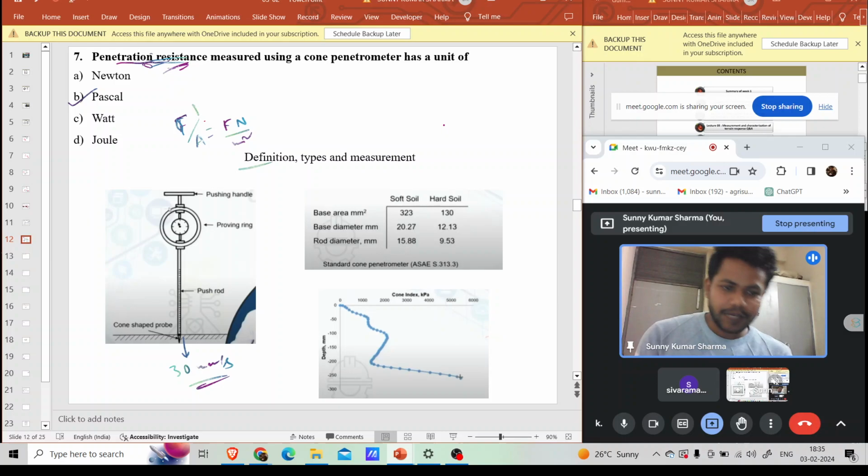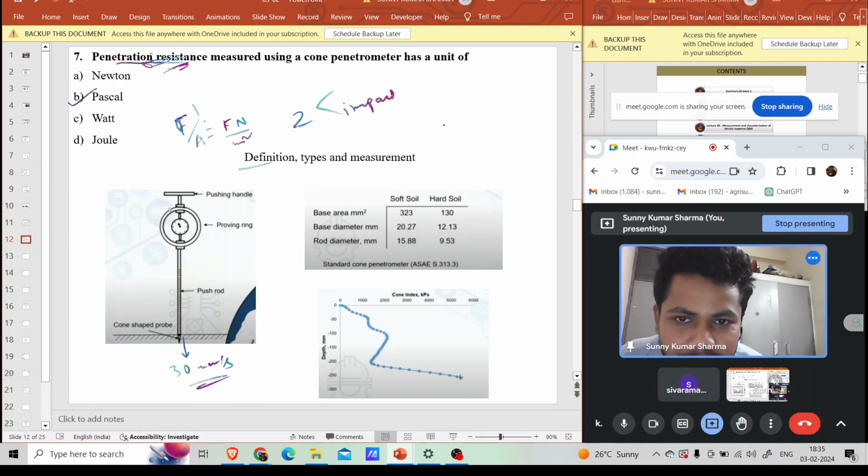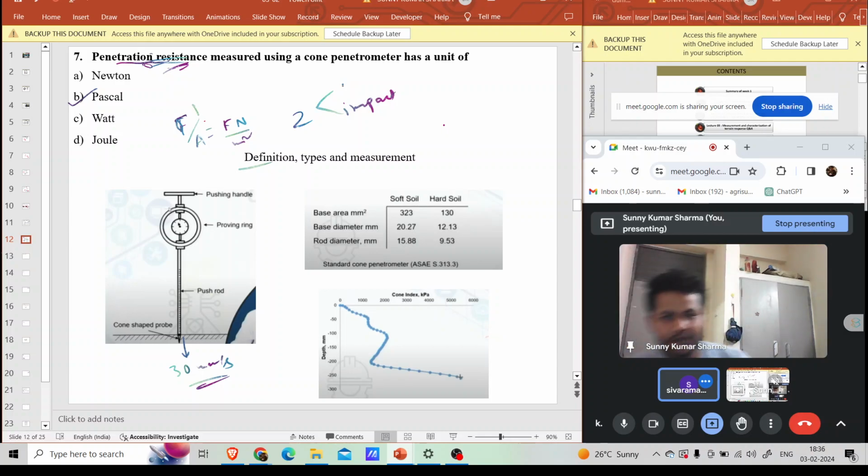So how many types of cone penetrometer are there? There are two types of cone penetrometer. What are they? Static cone penetrometer and impact type, sir.